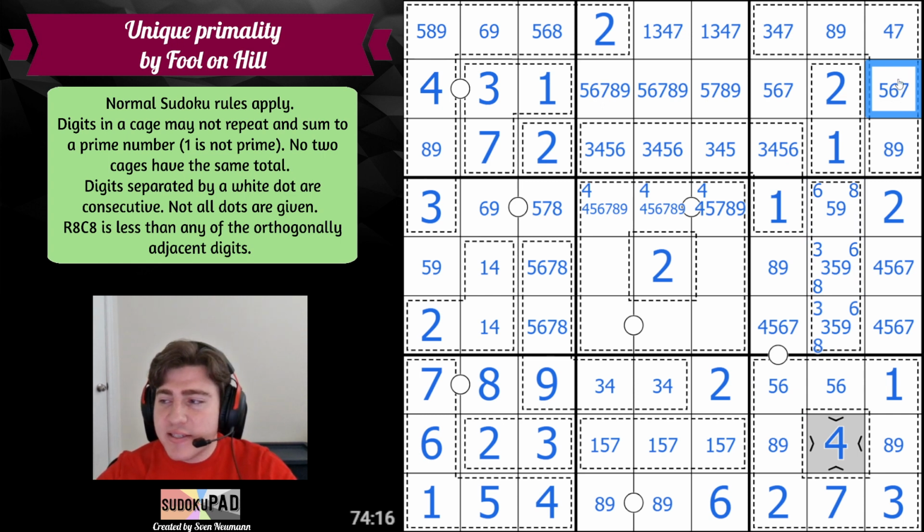And the second that this is 6, it can no longer be 29, because 29 requires 3, 4, 5. So 6 here would force 31. Oh, is that not possible then? Is that what this is?